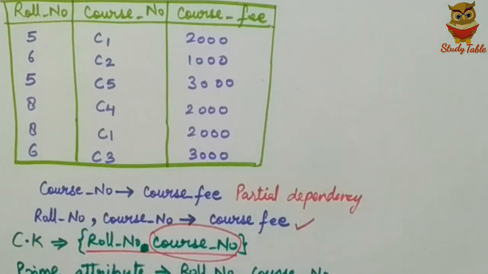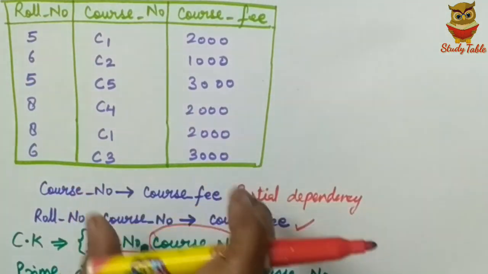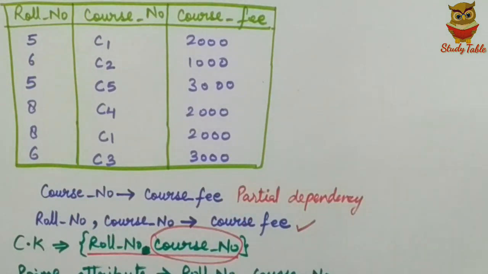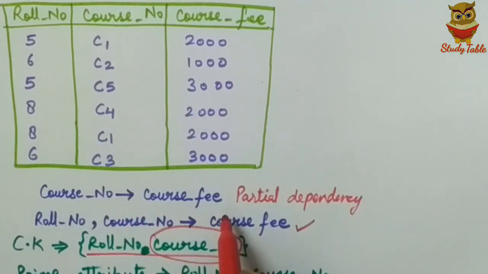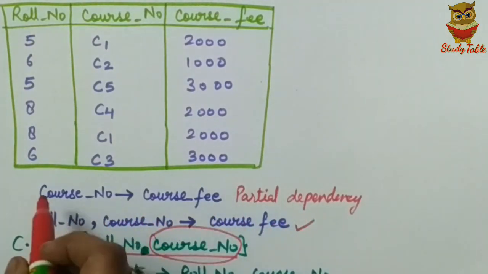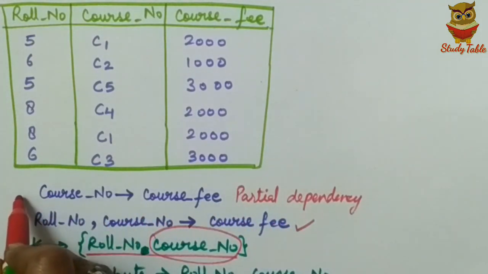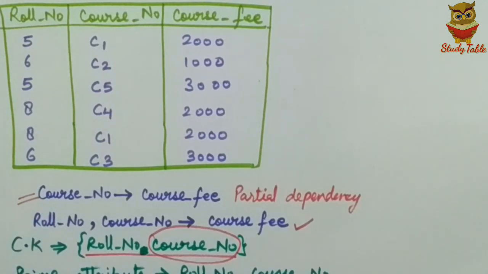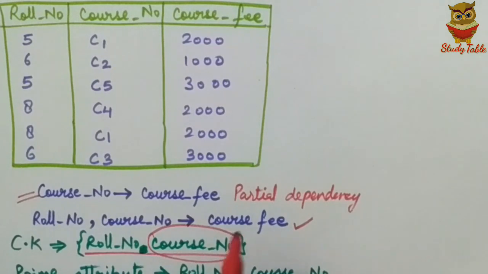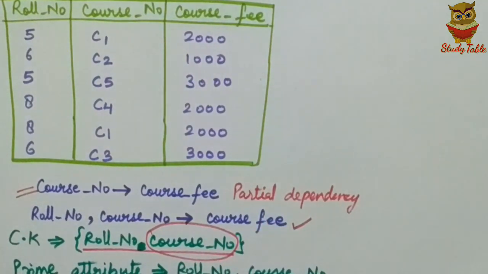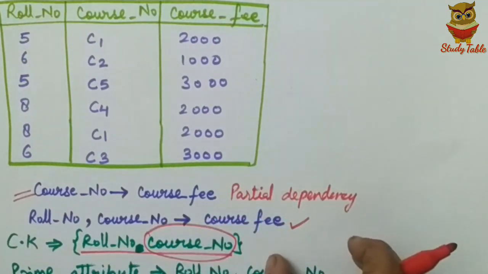To convert this table, what we do is break this table into two tables. Or we can say that to remove partial dependency, we will separate this functional dependency into a new table. The FD which is containing partial dependency, or you can say creating problem, should be separated.